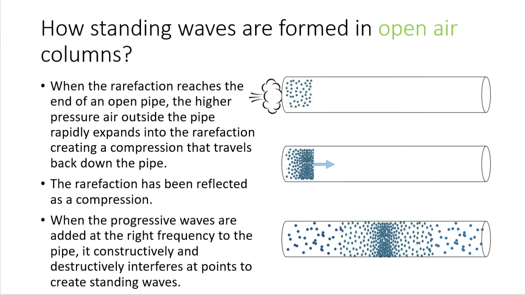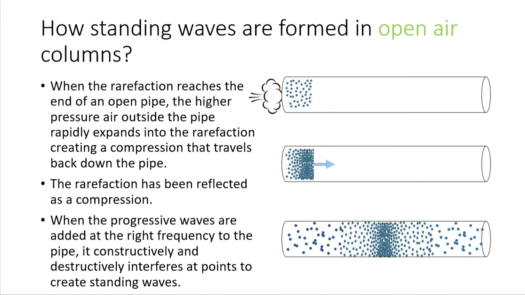When these progressive waves continue to occur in the pipe, they constructively and destructively interfere in a certain way, where you create a high pressure area in the center of the pipe, and the outer open areas of the pipe become the low pressure regions, right?